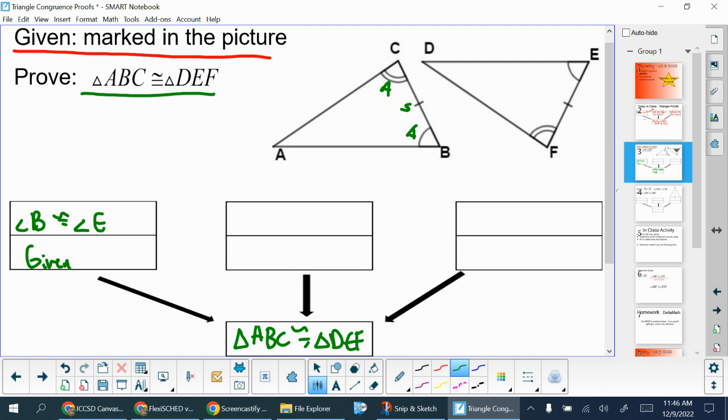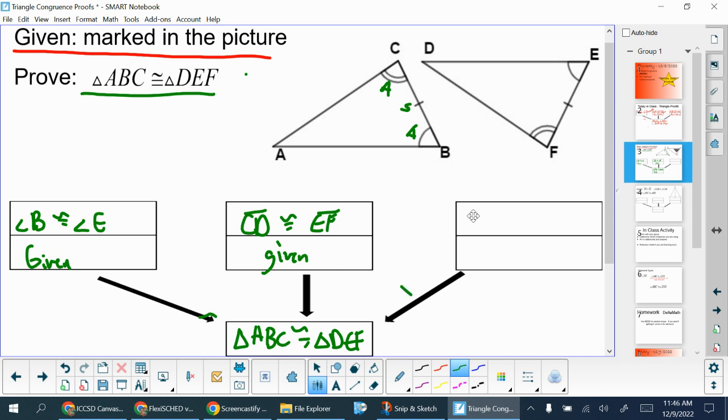That won't always be the case, but with some of these easier ones, that's going to be the case. The next thing I might say is, well, I have these sides that are congruent. This side here is congruent to this side here. And I name sides by using two letters. So side CB is this side, connects C to B. So side CB is congruent to side EF. That is also given to me. And then my last thing is I've got these last angles, ones with 2 marks.